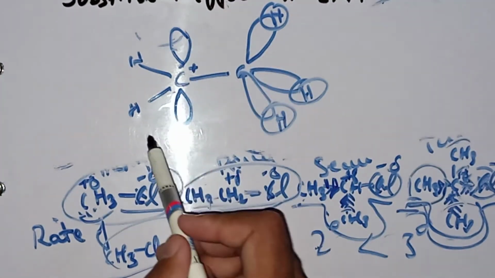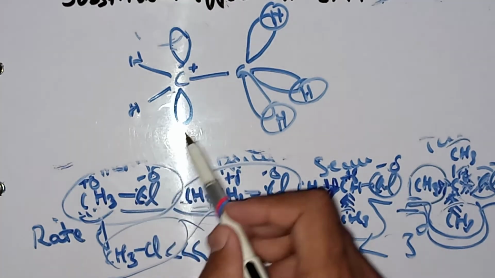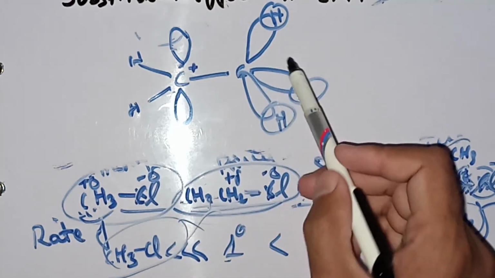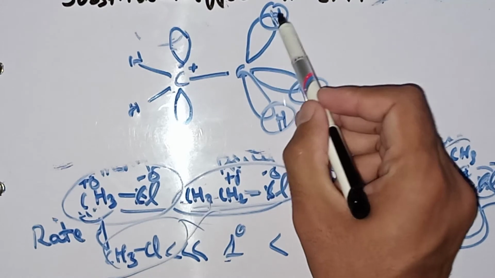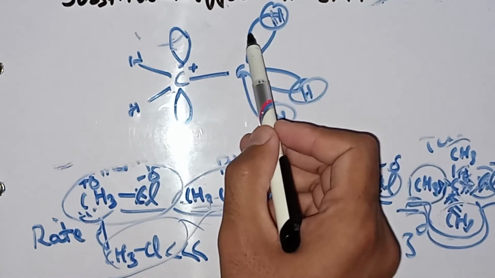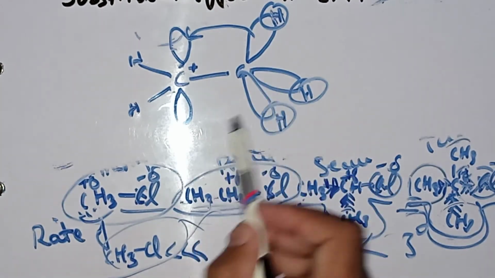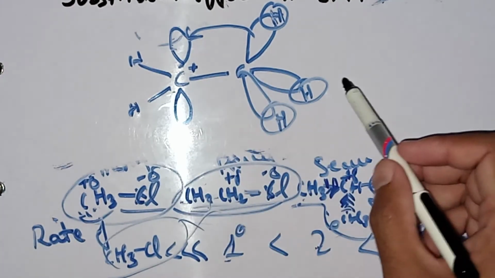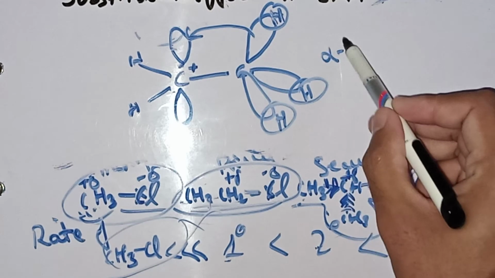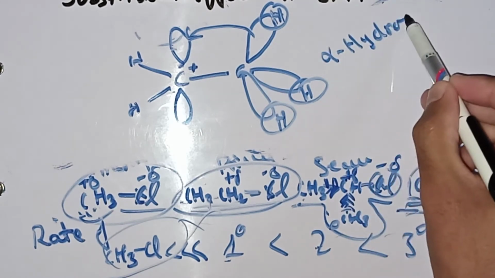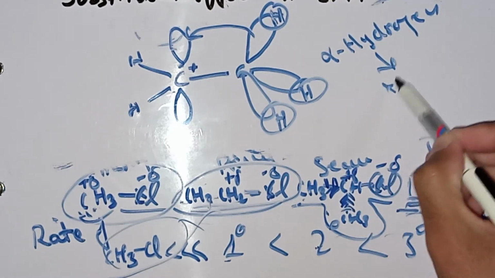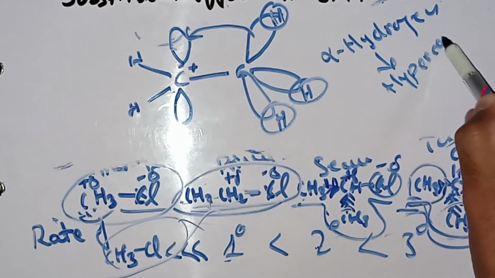As the carbocation is formed, these hydrogens are called alpha hydrogens. We know that alpha hydrogens take part in hyperconjugation.